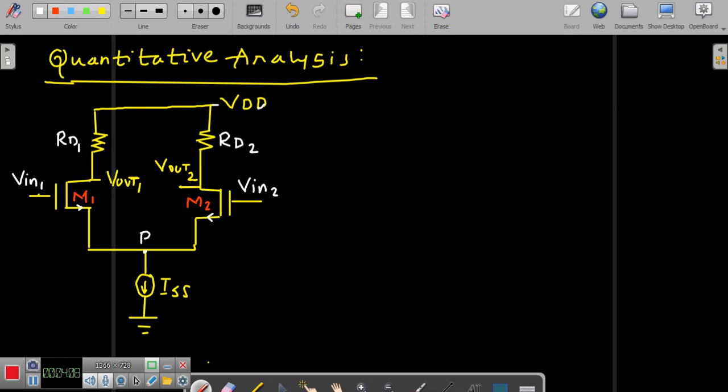So this is the diagram of a differential pair which we have taken earlier. Now we will try to correlate the different expressions to get the quantitative analysis, wherein we will quantify the behavior of MOS differential pair as a function of the input differential voltage using the large signal analysis, right? So now from this circuit whatever we have considered here, we can write, okay, Vout1, all of you please write these things.